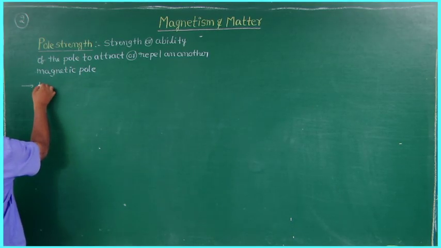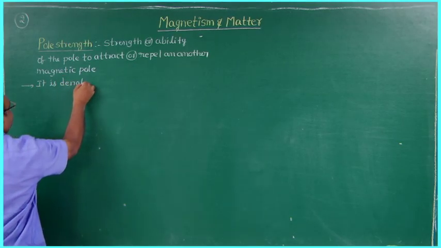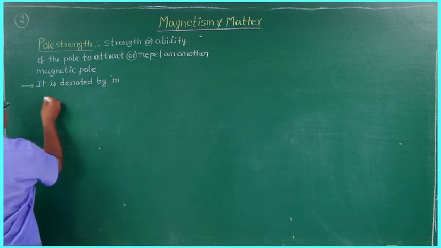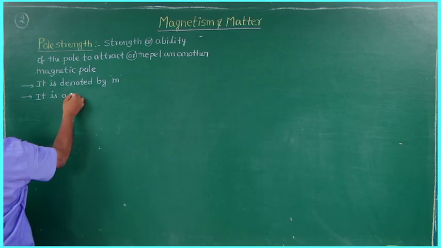Generally, pole strength is denoted by small m, and it is generally a scalar quantity.